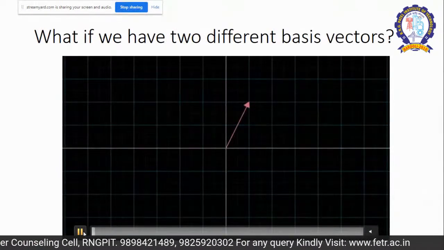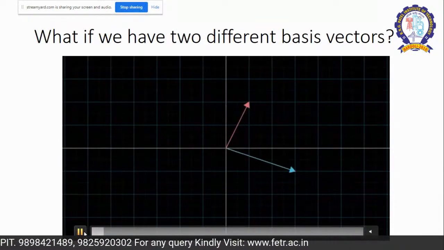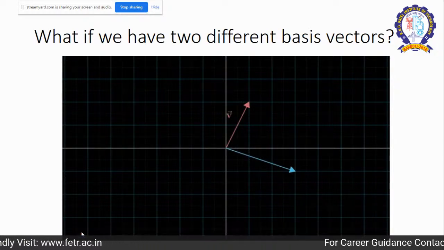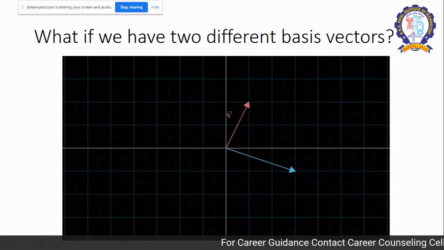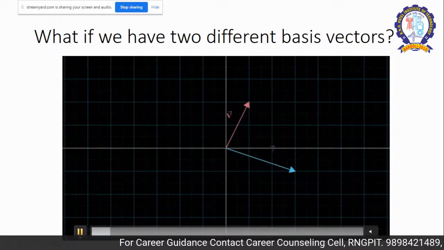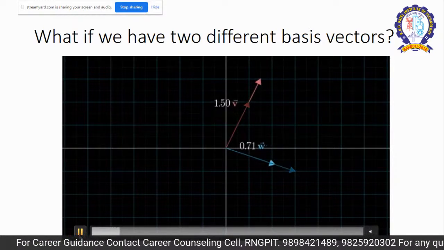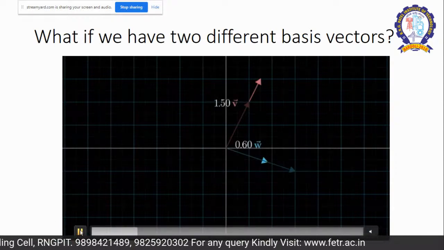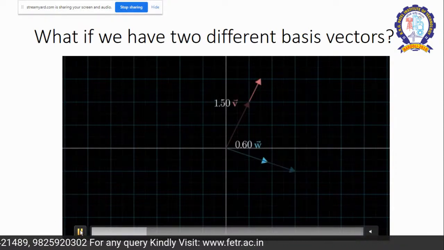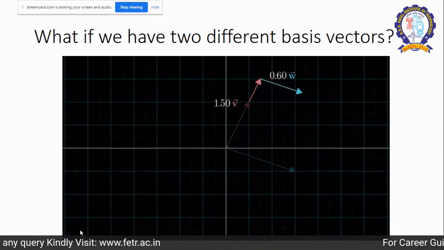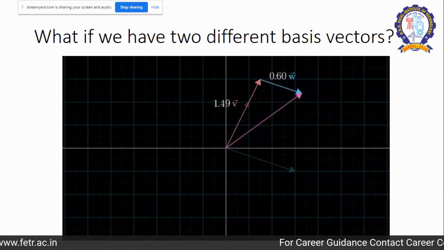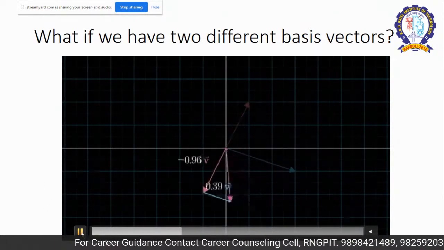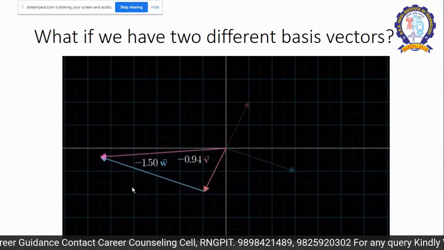Can we consider these as basis vectors? Yes, we consider these as basis vectors, and we can extend and shrink them. We are scaling these vectors and we can get other vectors from these two vectors. So we can just scale them and we can achieve any other vectors.